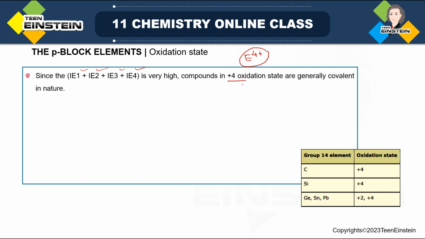So that is why when you consider +4 oxidation state for them, it is mostly covalent in nature, because covalent nature means what? A covalent bond is there, and in a covalent bond there is proper sharing of electrons. Oxidation state we write 4+, and that is based on what type of other compound it is forming. So suppose E is forming a compound with oxygen, and oxygen is obviously more electronegative.